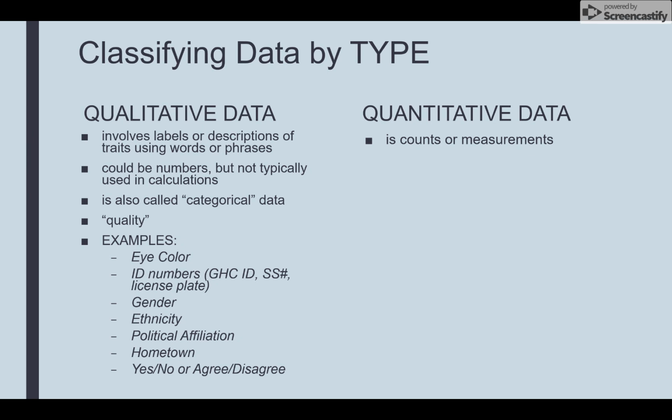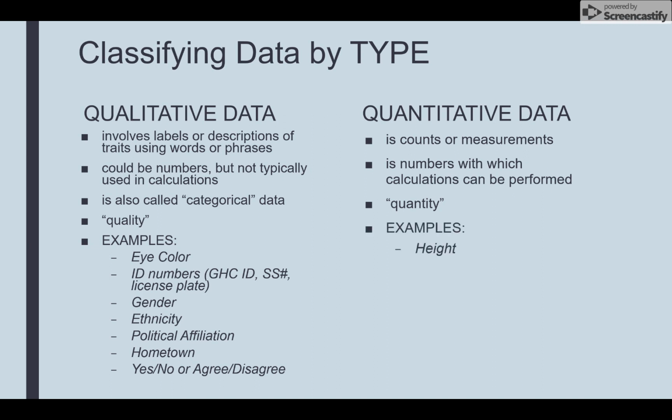Quantitative data is counts or measurements, which definitely involves numbers, and those numbers we do perform calculations with. It usually involves some kind of quantity or amount.